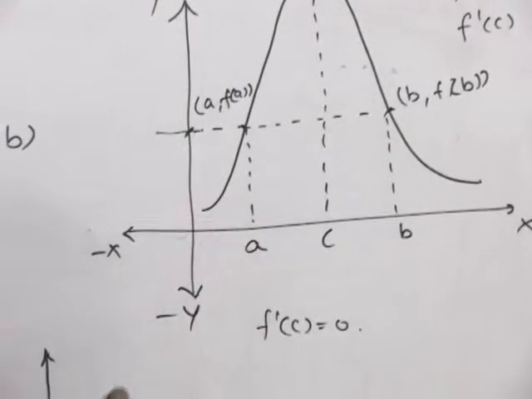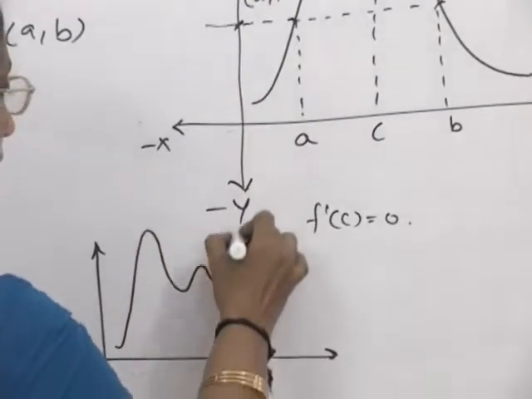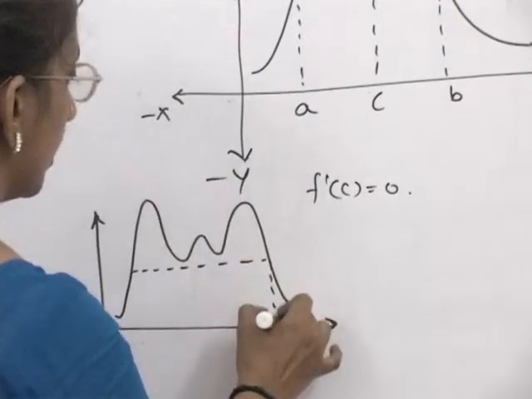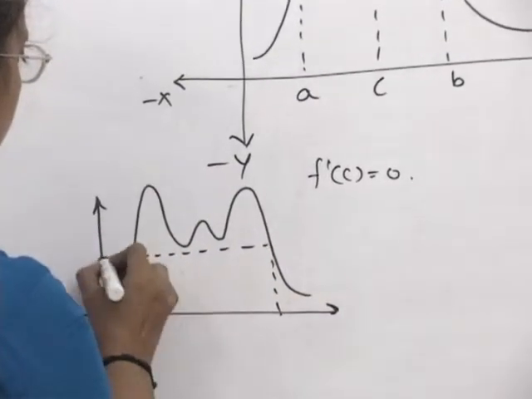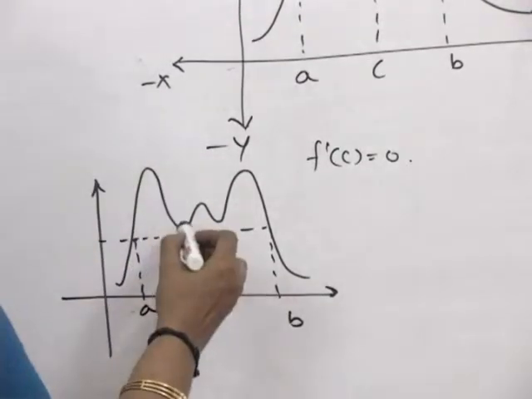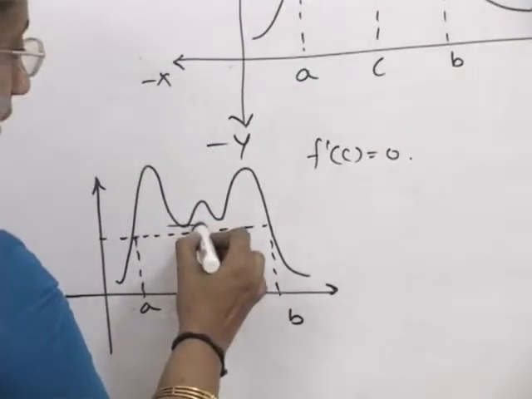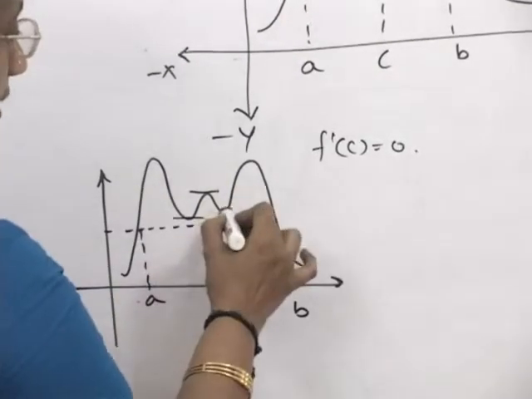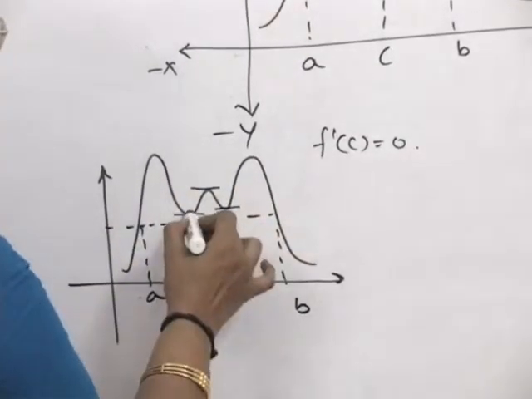Now suppose we have a graph like this. Let us mark these 2 points as a comma b. This is a, this is b. Now it is so obvious that you can draw a tangent here which is parallel to the x-axis, a tangent here which is parallel to the x-axis, and a tangent here parallel to the x-axis.